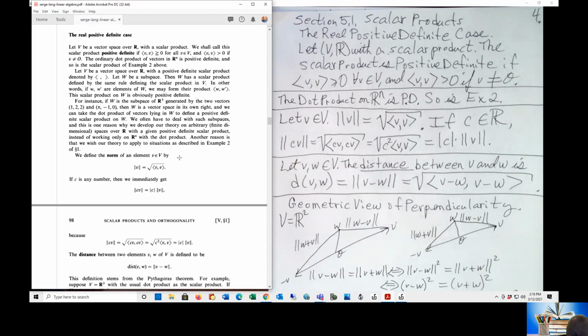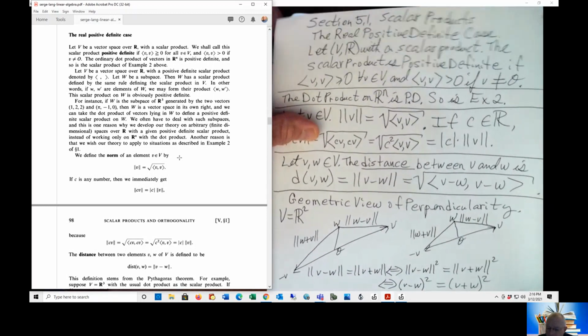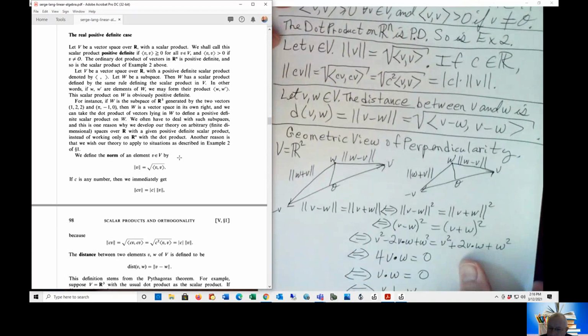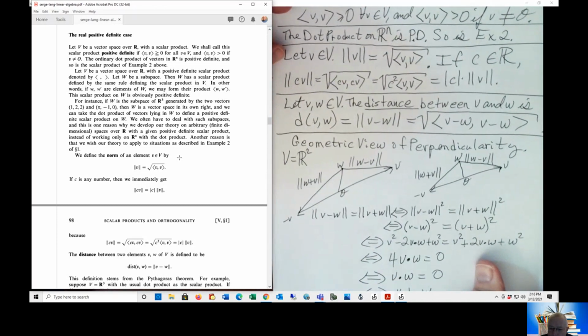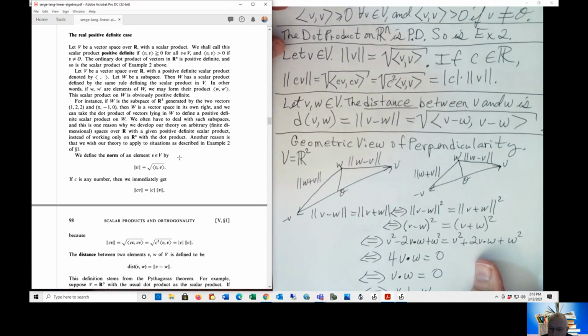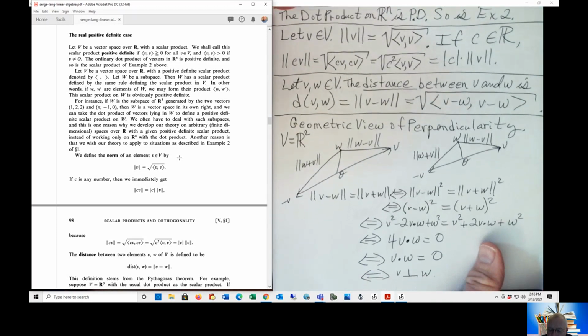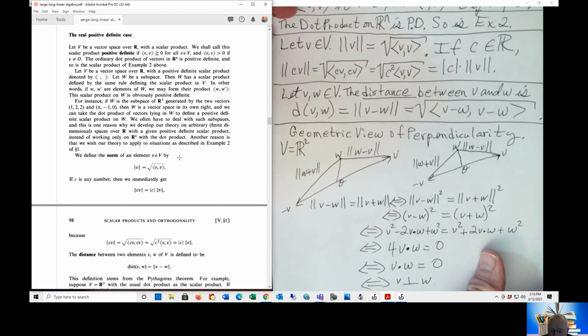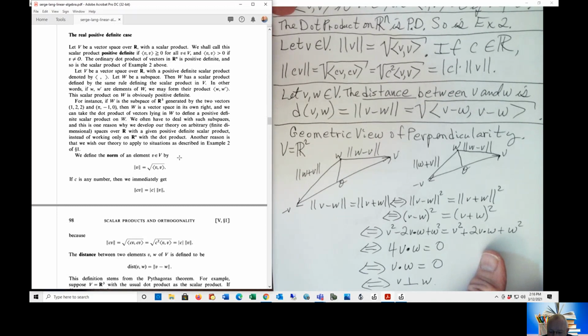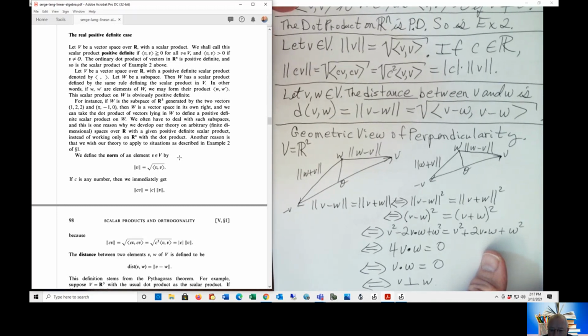Now here's a geometric view of perpendicularity. You know, we define two vectors to be perpendicular if their scalar product is equal to 0, right? Or if their dot product is equal to 0.